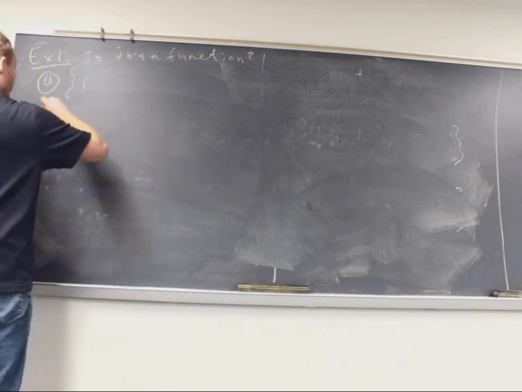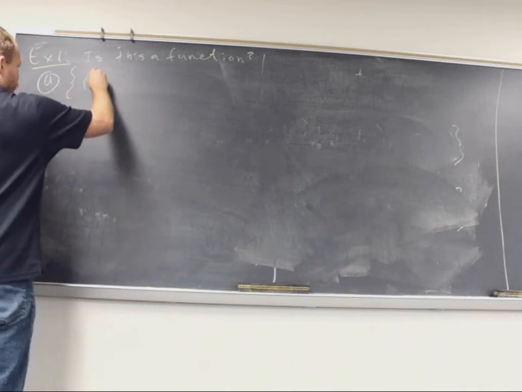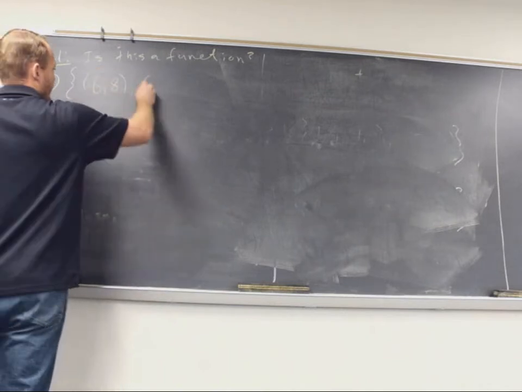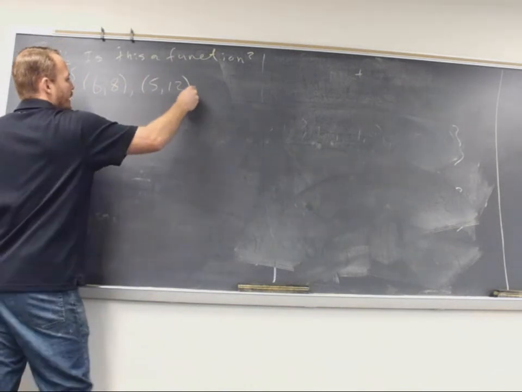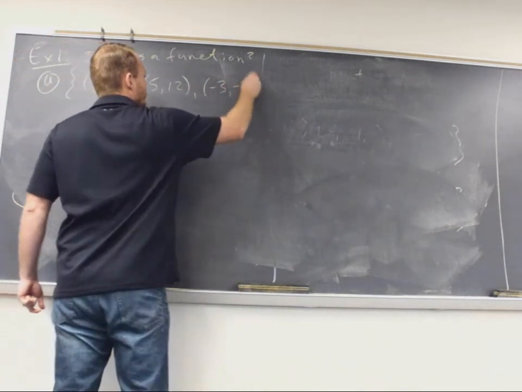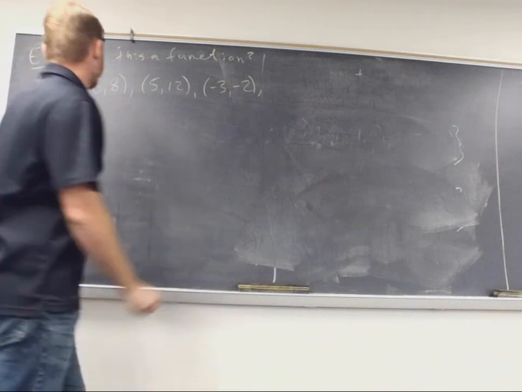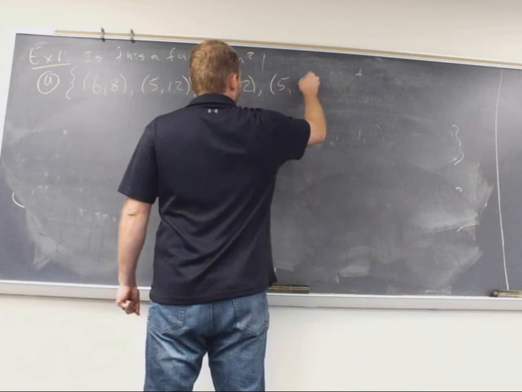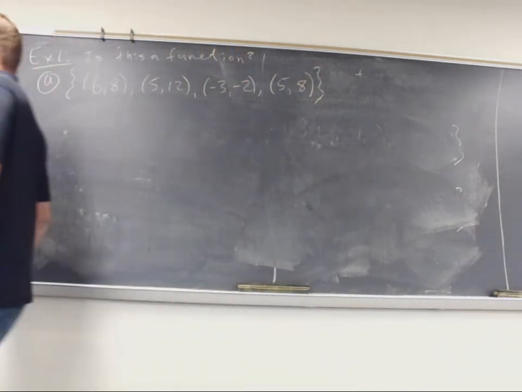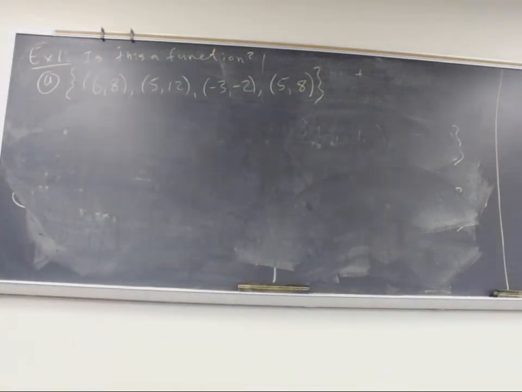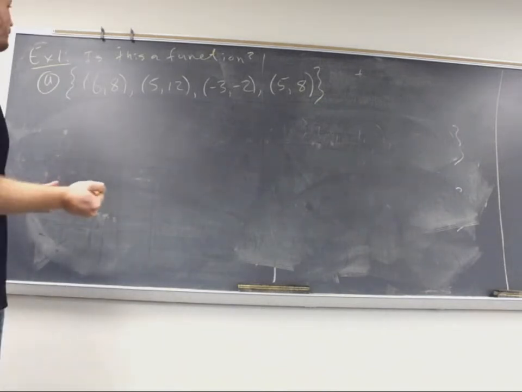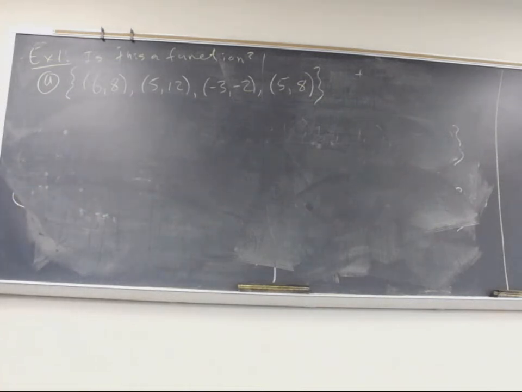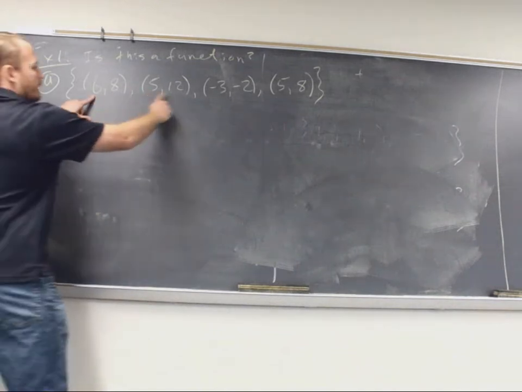Let's say we have 6, 8 again, and 5, 12, and -3, -2, and the only thing I'm going to change this time is this last one, and let's call it 5, 8. So when we determine if something's a function, we need to look at all the x values and see if the x values repeat.